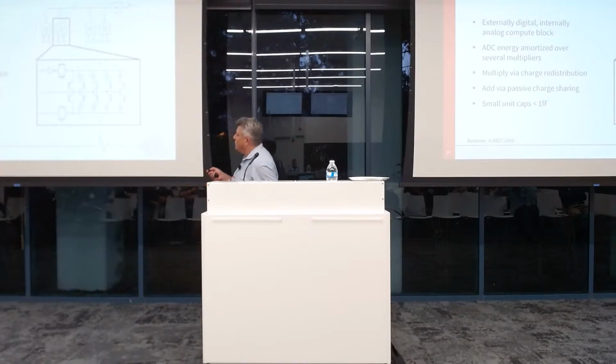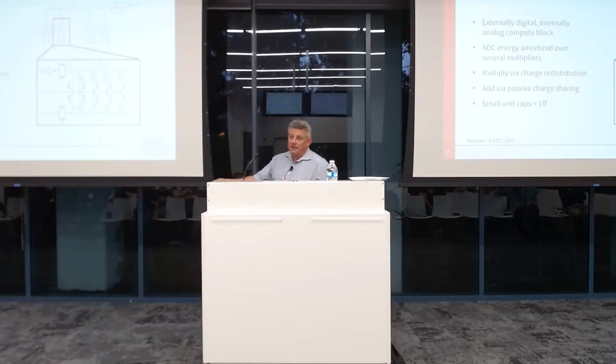We came up with a way to do multiplication in a completely passive way. We did charge sharing between multipliers to do accumulation also in a passive way. Then we said, well, now we have this analog output. We've got to give this to the digital guys, so let's put an A to D converter there. So that's sort of a digital in, digital out, but secret analog computation inside type block.